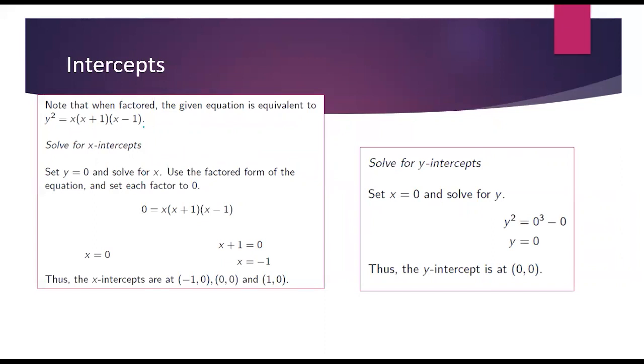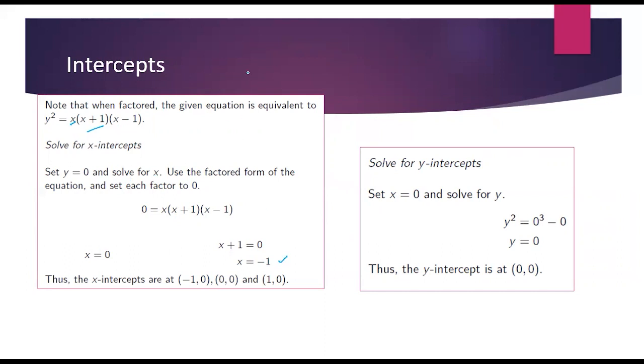We did this one a while ago. So you have x equal to 0 for the first factor, and for the second one, we have x plus 1 equated to 0. That will give you x equal to negative 1.